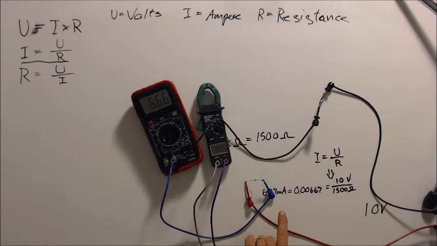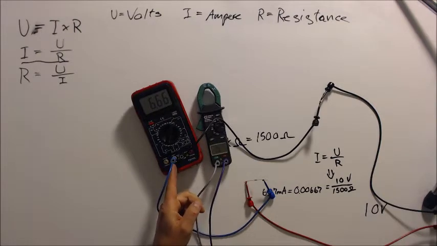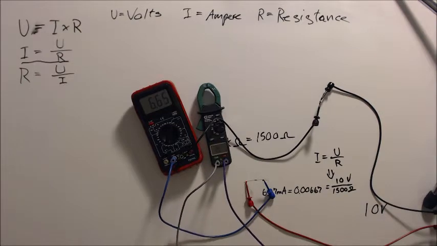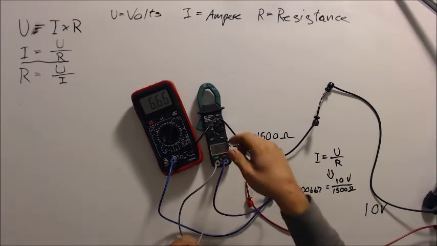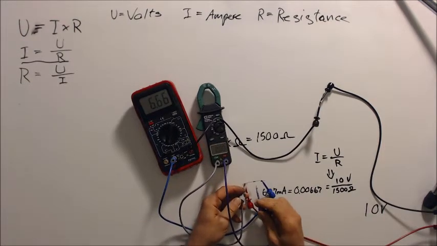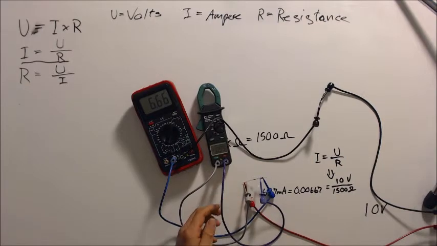Like you just saw, we have the power going in on one side and then coming out on the other side, and it goes into our amp meter and then back. And so to measure voltage in this case, let's make sure that we are in voltage mode and for DC. And now we're going to measure that right across here.